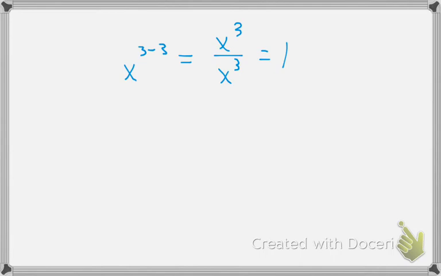But what is 3 minus 3? Aha. So what do we get? X to the zeroth power is 1. And what could x be? Anything, right? So this is telling us a rule. Anything to the 0 power is 1.